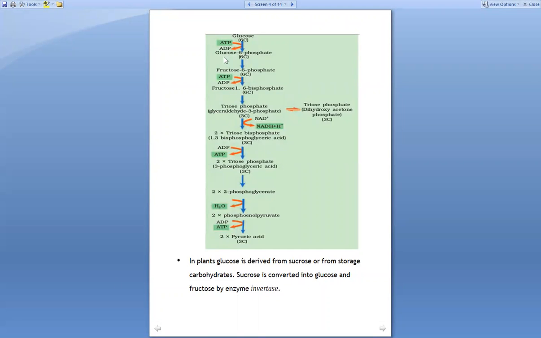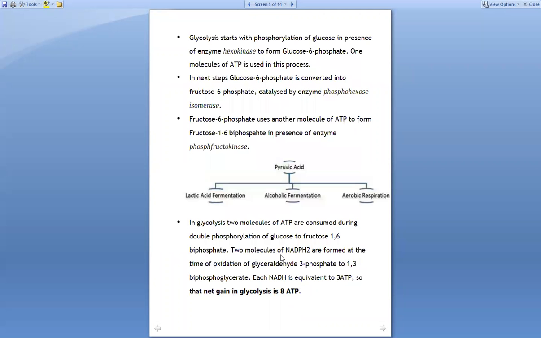As I said over here, in the second step the glucose 6-phosphate was converted into fructose 6-phosphate, as these two are isomers of each other, right? In the same way, the sucrose is converted into glucose and fructose. So this sucrose is converted into two types of sugar: the first is glucose and the second is fructose. And this conversion takes place by a specialized enzyme known as invertase, right?